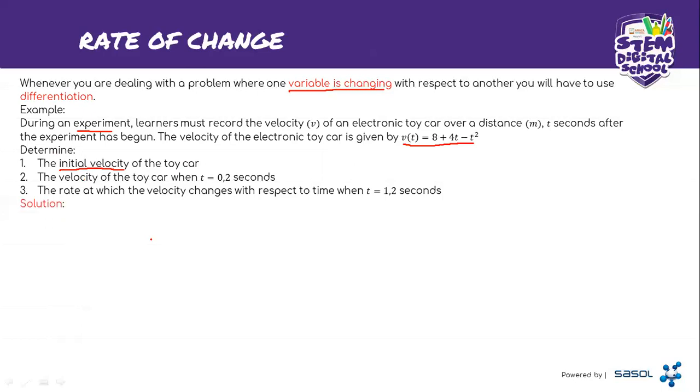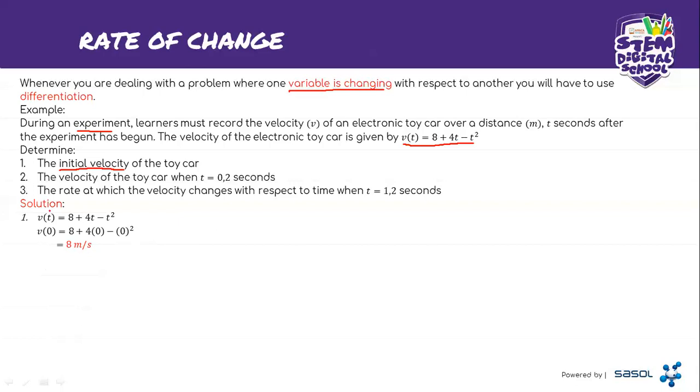The car is not yet started, so we cannot count time. In that sense, our time is going to be equal to 0. So whenever you see t, you substitute 0, and the velocity of that particular toy car then becomes 8 meters per second.